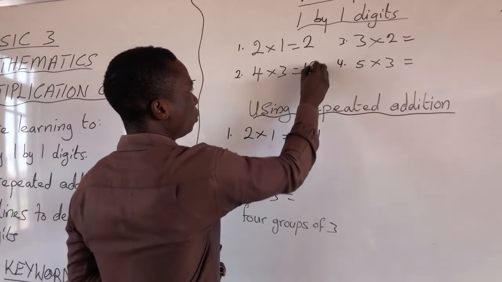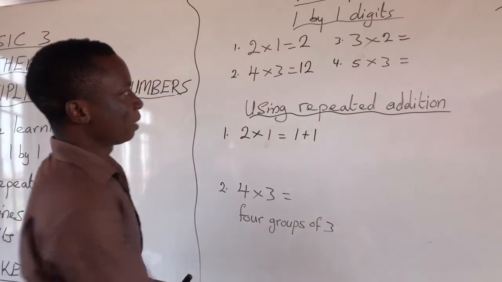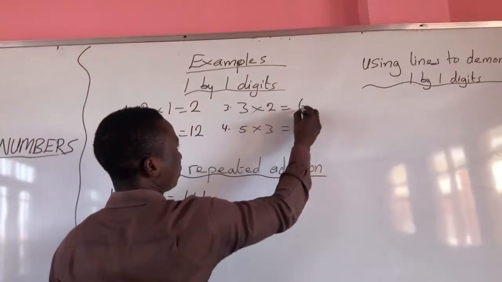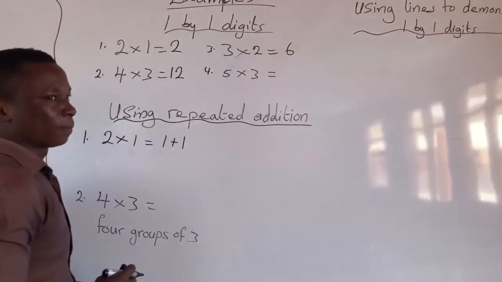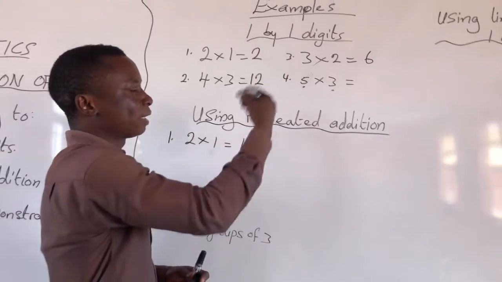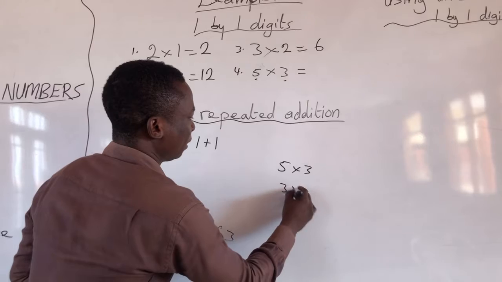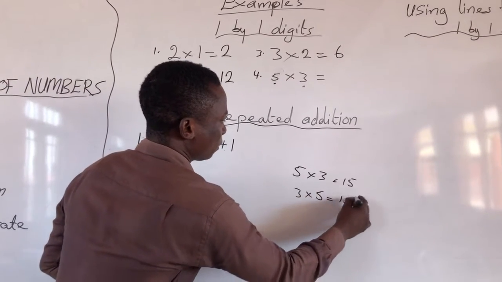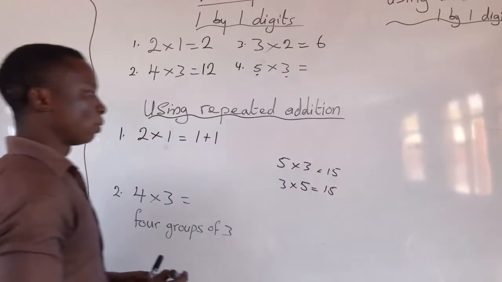Some of you don't know it; the way you will be getting the 12, you will be coming to that aspect. 3 times 2 is 6. 5 times 3 is 15. If you don't know the 5 times table and you know the 3 times table, you quickly tell it. Either 5 times 3 or 3 times 5 is the same as 15. Take note of that. Don't tell me you don't know the 5 times table. No.